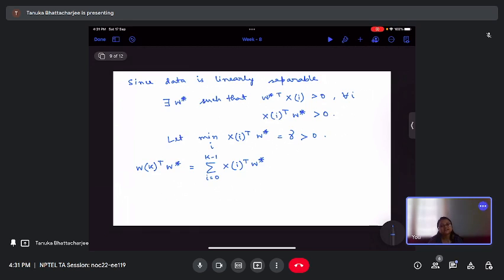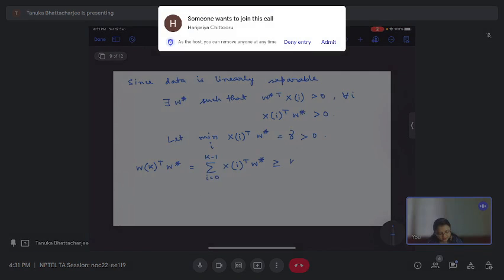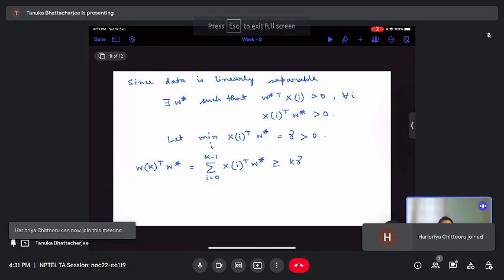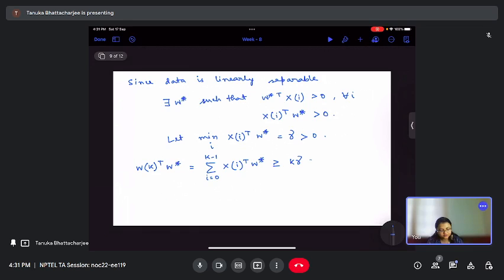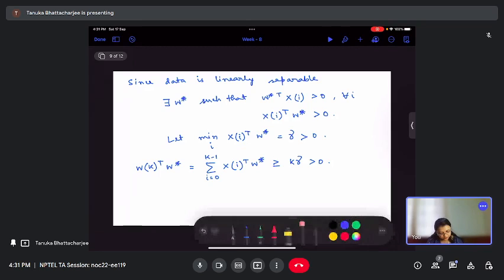Since you are putting the minimum value, that will be less than this summation of xi transpose W star. So, this will be greater than or equal to k times gamma, and again your gamma is always positive, so k gamma will also be positive. Now, let me write it on a new slide.